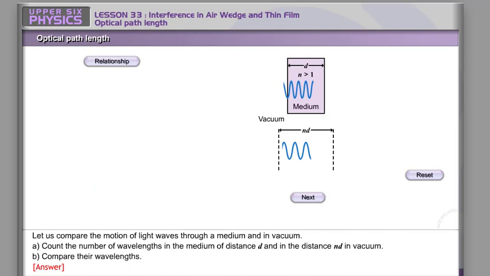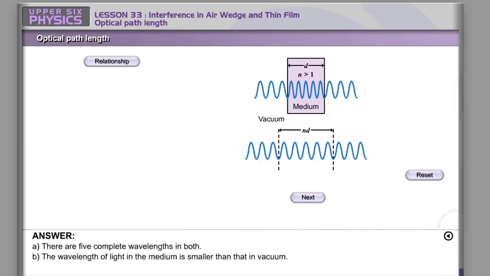Let us compare the motion of light waves through a medium and in vacuum. A. Count the number of wavelengths in the medium of distance d and in the distance nd in vacuum. B. Compare their wavelengths. Answer: A. There are 5 complete wavelengths in both.